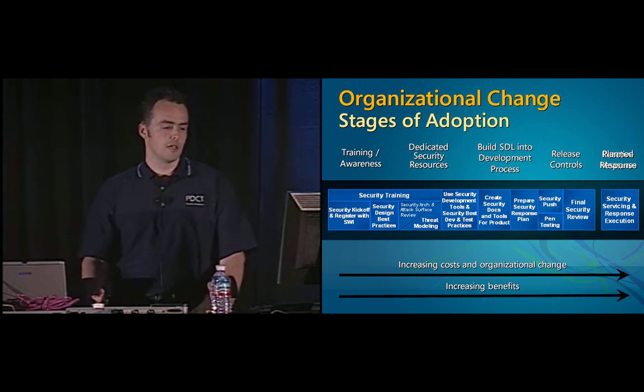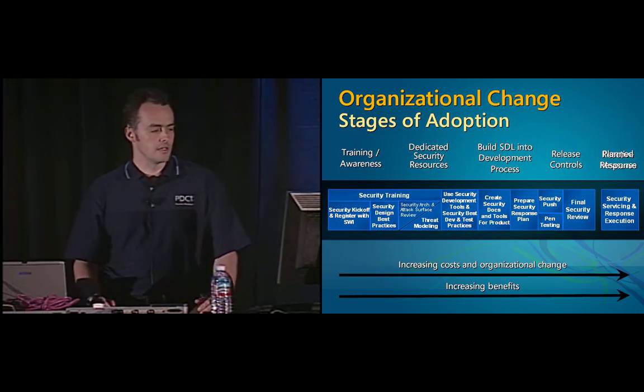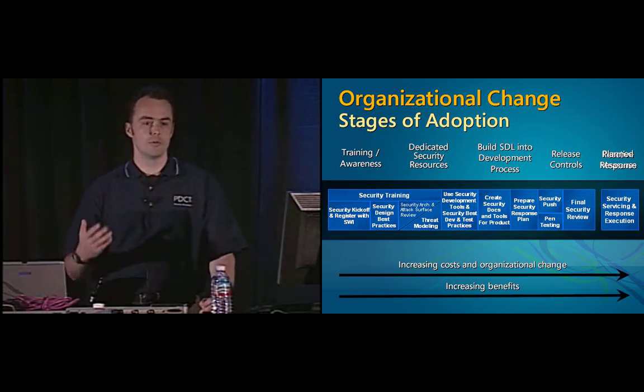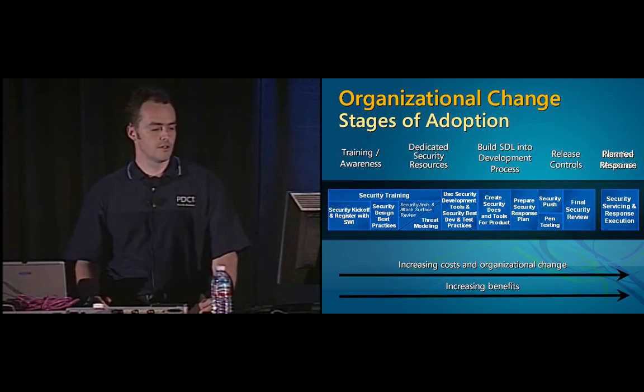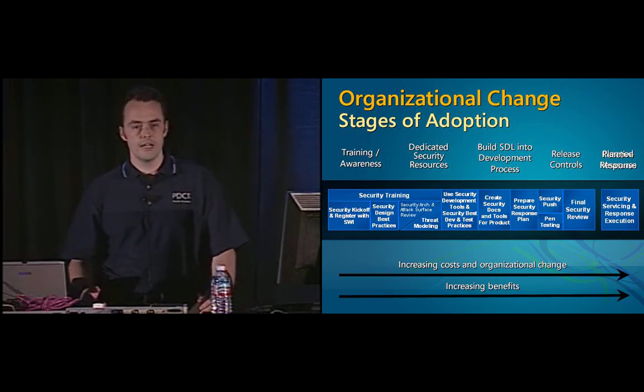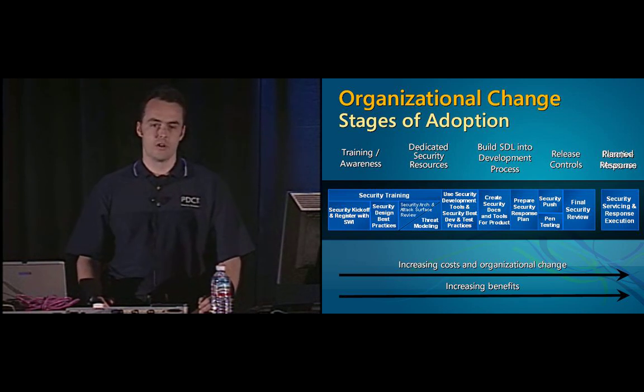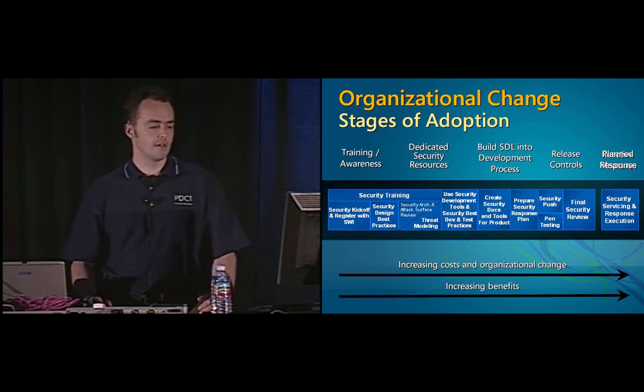What we're absolutely seeing as we go through this is a series of stages, where organizations make decisions to go one step and then multiple steps towards implementing the security development lifecycle. This starts with very basic stuff like training and awareness, where all you're trying to do is get people understanding what the issues are and making the right decisions.